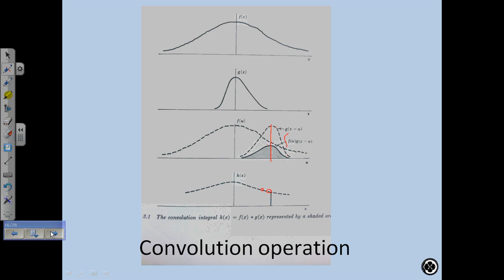The amount of smoothing depends on the shape of the function you blend in. If this function looks like this, it's not going to smooth it as much as this other curve. So convolution is commonly used for smoothing, filtering, and blurring. That's what it's used for.